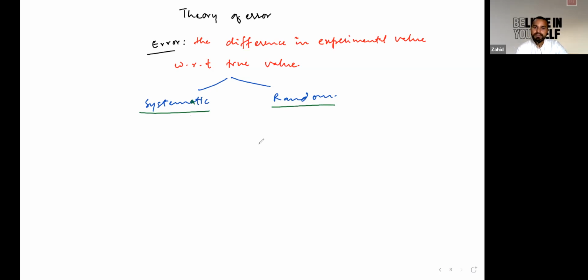Next is random error, the error which arises due to human mistake. It is called random error. We may minimize this particular error by increasing number of repetition.